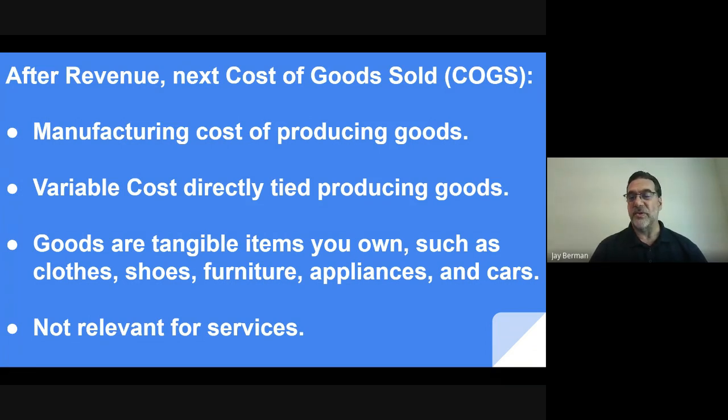And cost of goods sold is really not relevant for services. Services are things that you experience, and you usually rent services. A good example is your cell phone. You can own your cell phone, but you do not own the cell phone service.